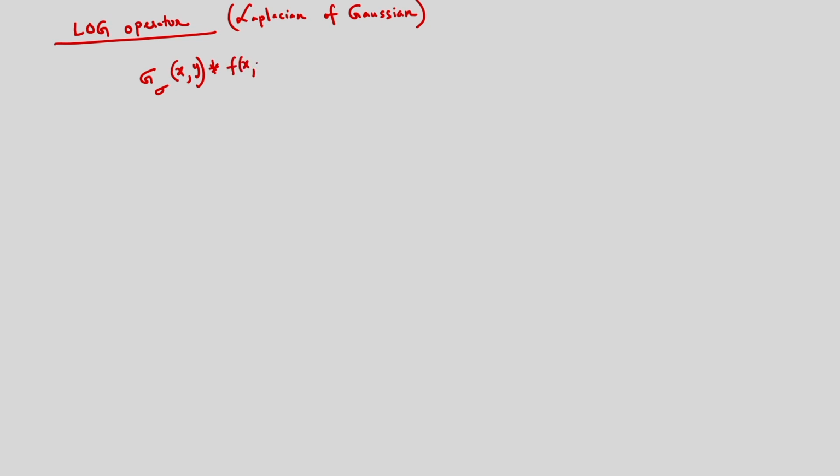I am doing the convolution to blur the image, and after this I am taking the Laplacian, that is the second order derivative. That is equivalent to g sigma x y convolved with f x y.